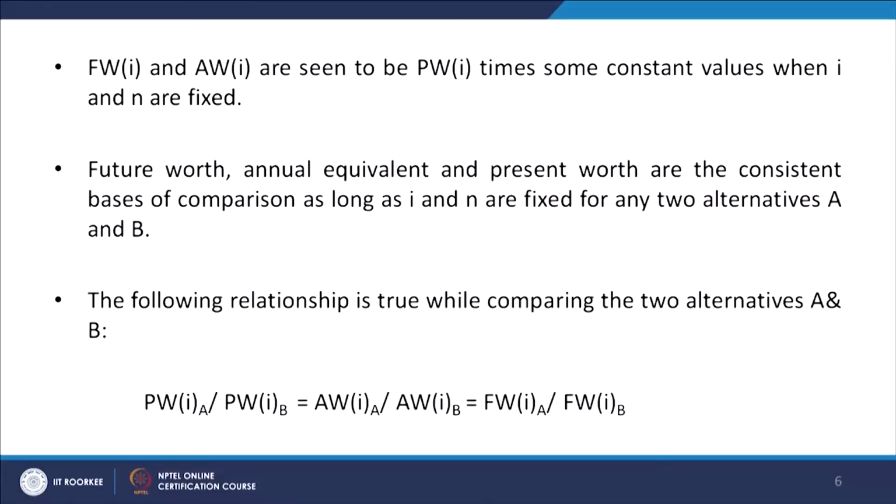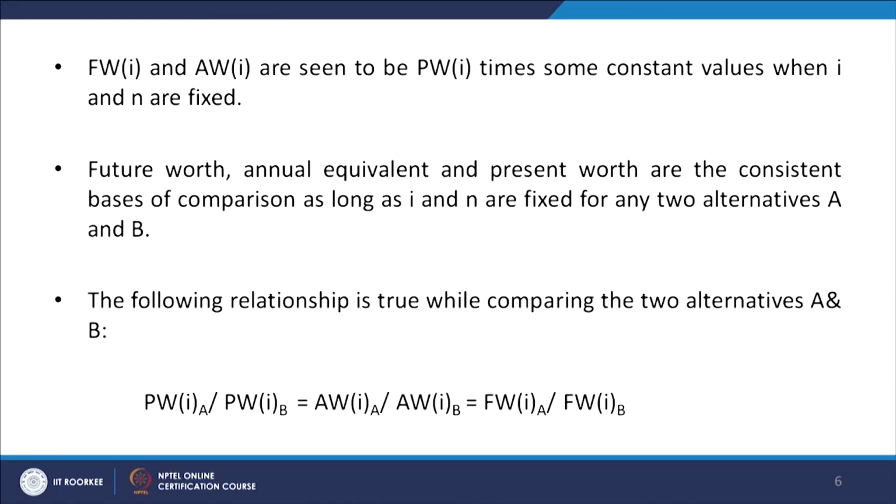Now what we see is that FWi and AWi, or you can say AEi, annual equivalent, are seen to be PWi times some constant values when i and n are fixed. We know that we have to multiply with a certain factor, and this factor depends upon i and n.